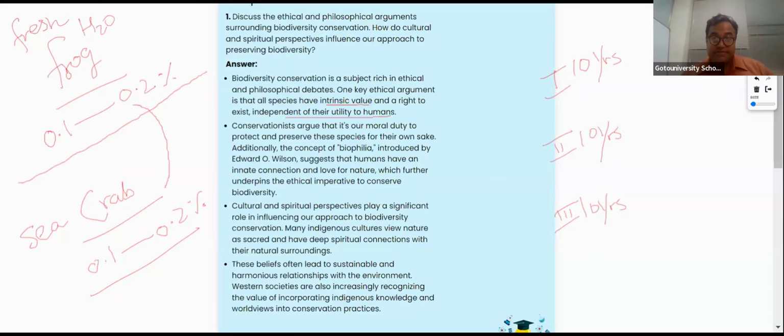In the first 10 years, the increase in population size is 0.1 percent. In the second 10 years, the increase in population is 0.12. The third is 0.1. So if you're talking about the overall information, we can take the mean or the average of this.